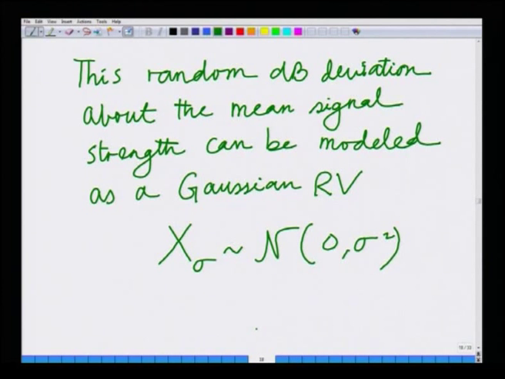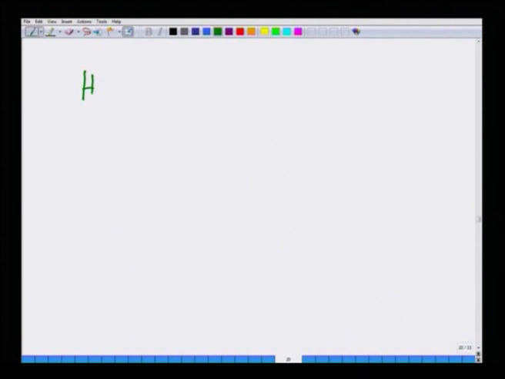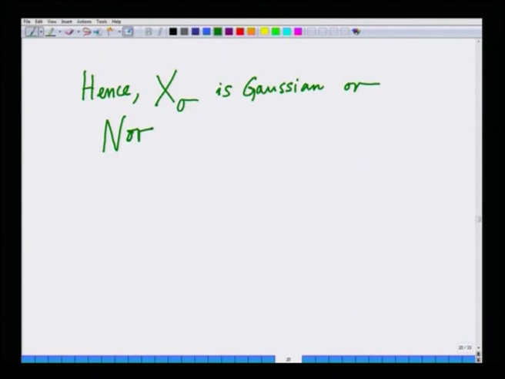Hence, x sigma is Gaussian or normally distributed.